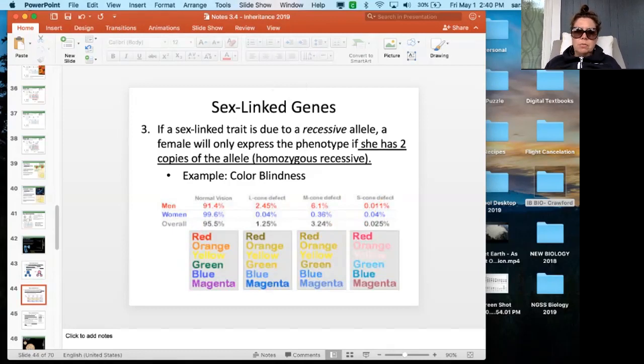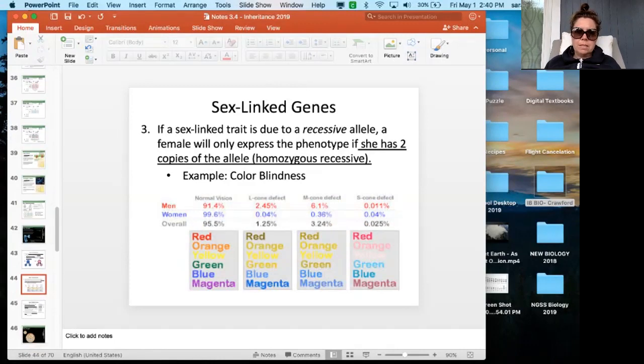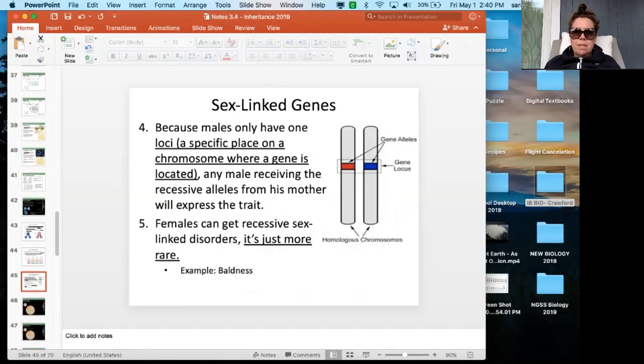So for example, if she got a colorblind X from her mom and a colorblind X from her dad, then she would be colorblind. Now for men, that is not true. Men only get 1 shot. Because men only have 1 locus, aka location on a chromosome where this gene is located, because men only have 1 X, whatever they get on the X is what they get.